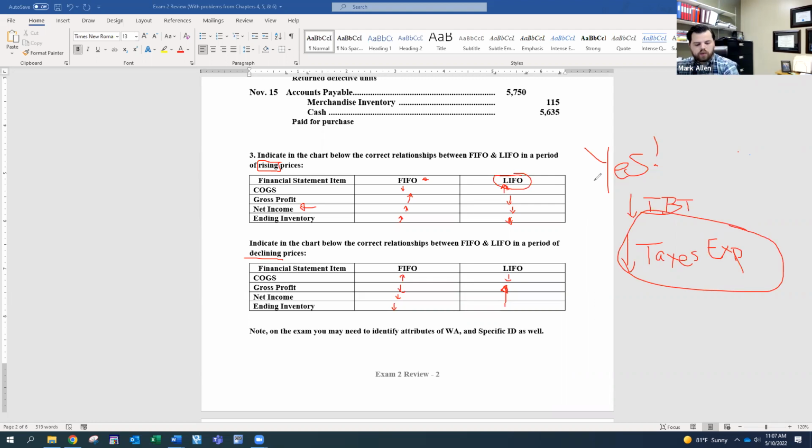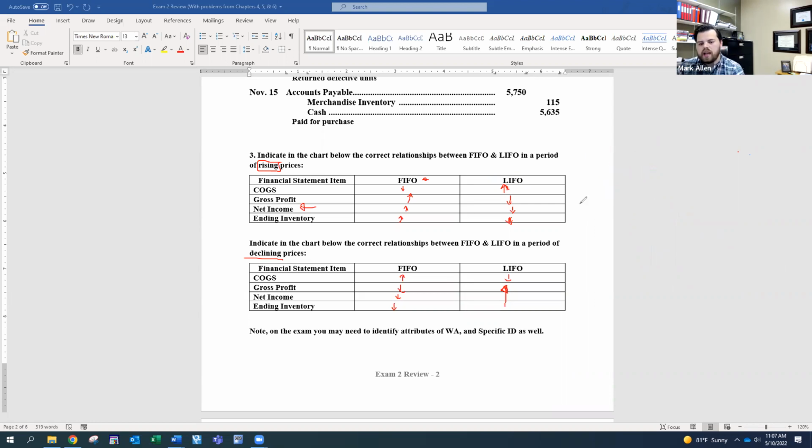But now you say, okay, well, that's great. I can pay less in taxes. I can recognize a lower expense. That's all wonderful and well and good. But what if I were to file my tax return with the IRS using LIFO, and then I turn around and I file my financial reports with a bank using FIFO? Can I have the best of both worlds?